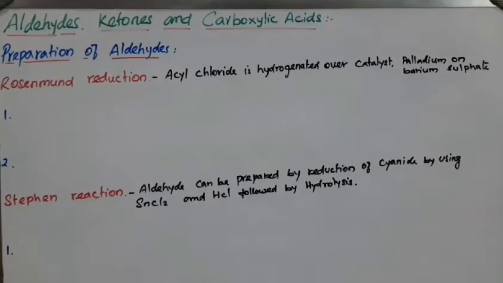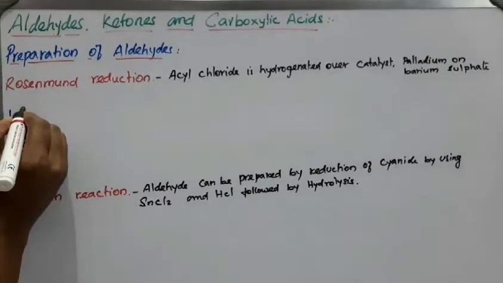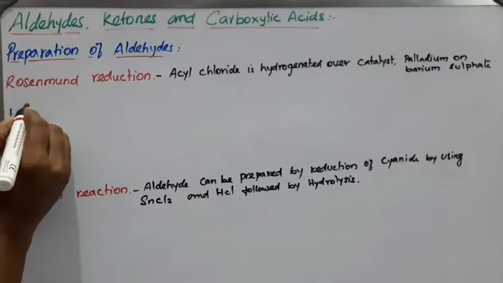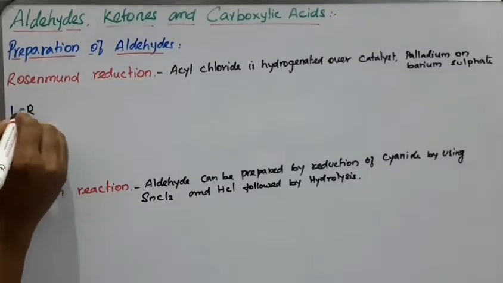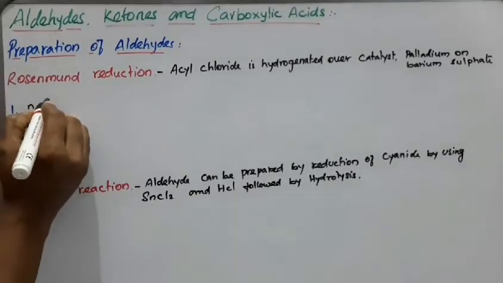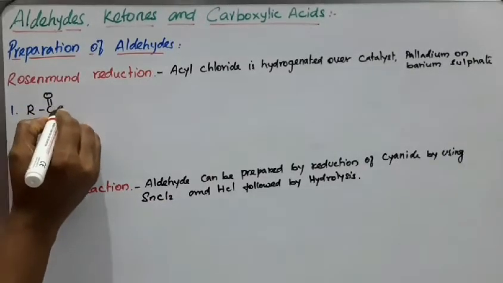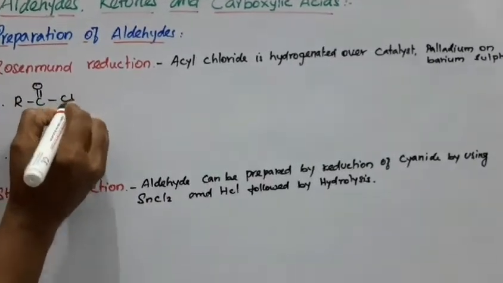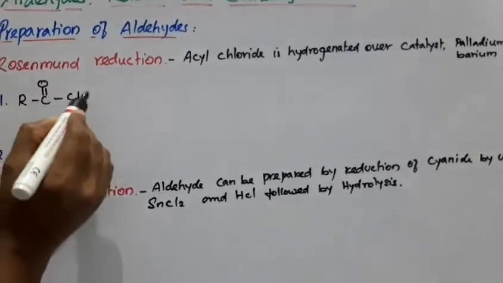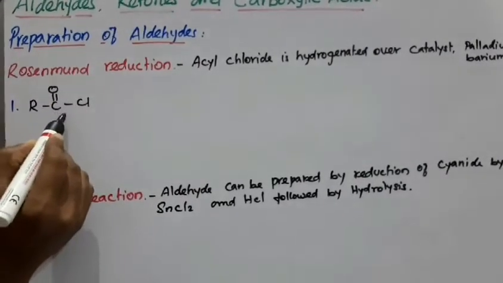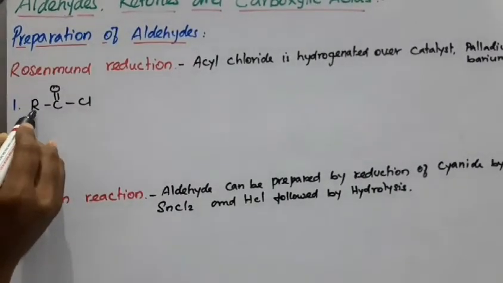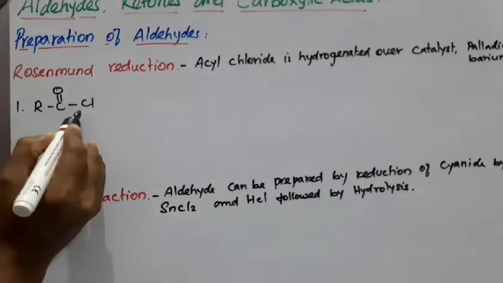First let me take the example of alkyl acyl chloride: R, C double bond O, then Cl. The COCl is the acyl group, and it is bonded with the alkyl group.